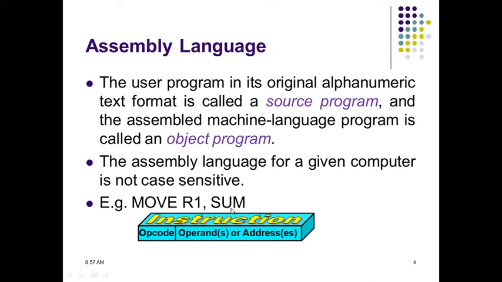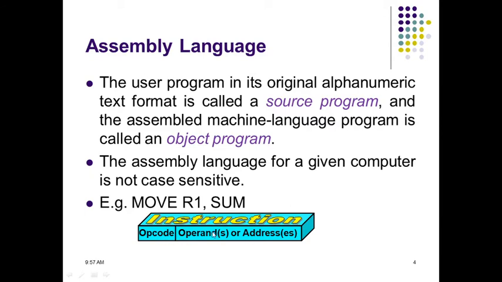In this example, the source operand is in register R1. This information is followed by the specification of the destination operand, which is separated from the source operand by a comma with no intervening blanks. The destination operand is in the memory location that has its binary address represented by the name SUM.